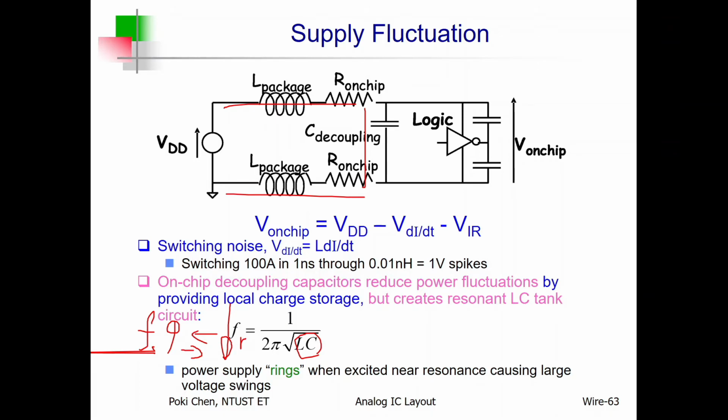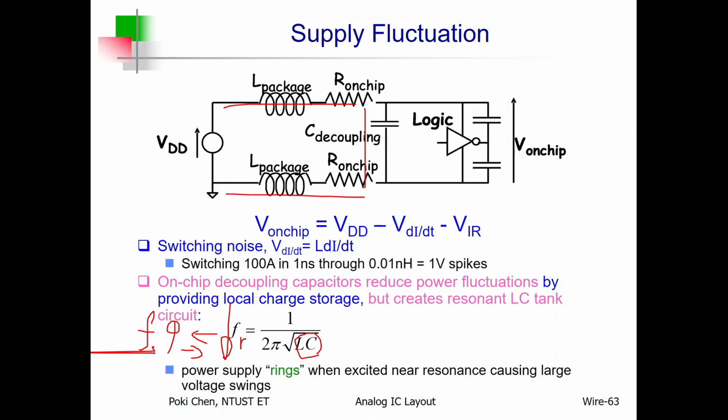But what is the frequency of your resonance? You can only simulate it after layout, because after layout you will know how much parasitics there are. After that, if you find your resonance frequency is too close to your operation frequency, what can you do?